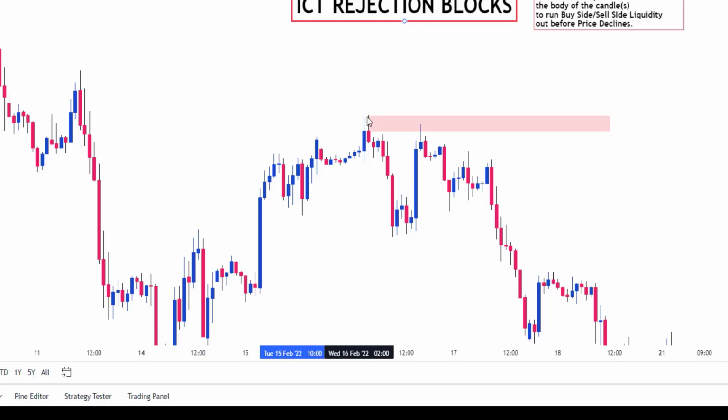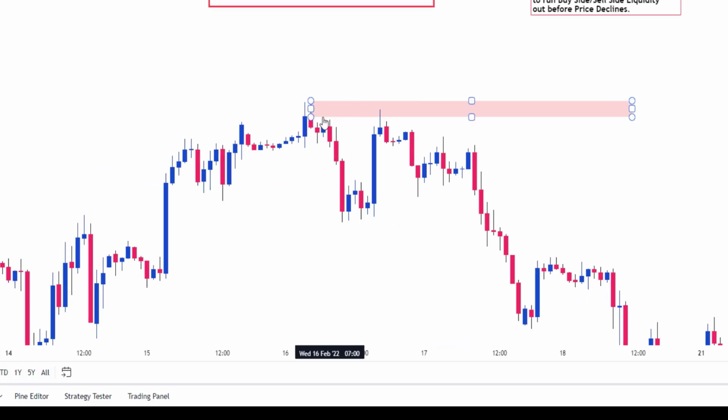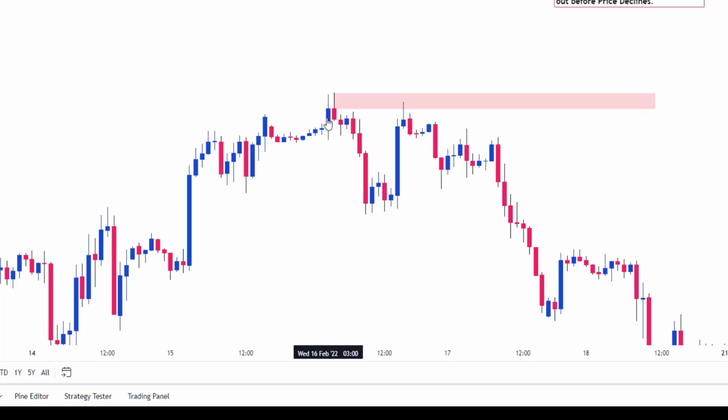The candlestick that has the highest wick among them, mostly I consider the one at the middle. When I have at least 3 candlesticks like this, let me show you. 1, 2, 3. I consider the one at the middle, and once I see it has the highest wick, I consider it to be my ICT rejection block.